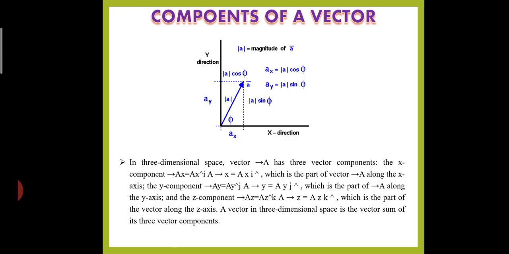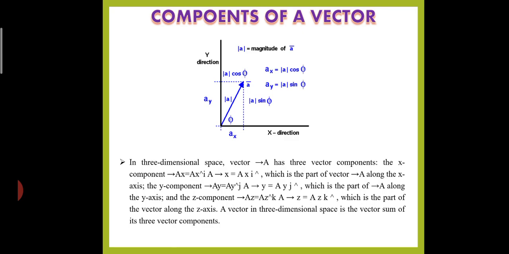In 3-dimensional space, vector A has three vector components. The x component, A sub x, is equal to ax into i, which is the part of the vector A along the x axis.